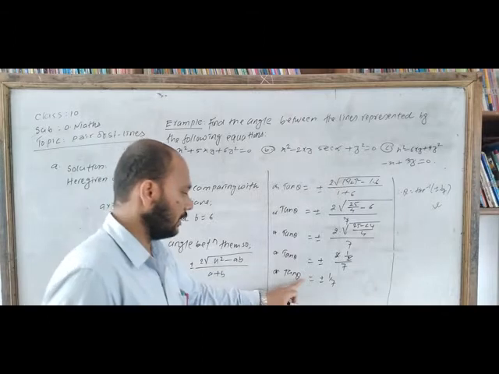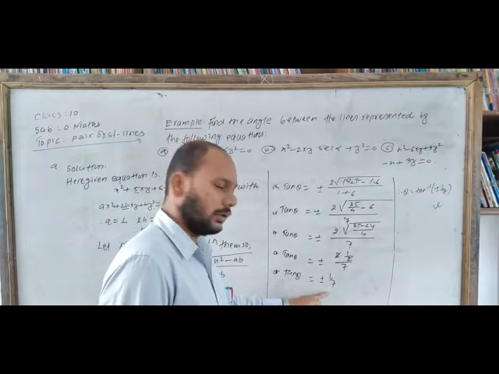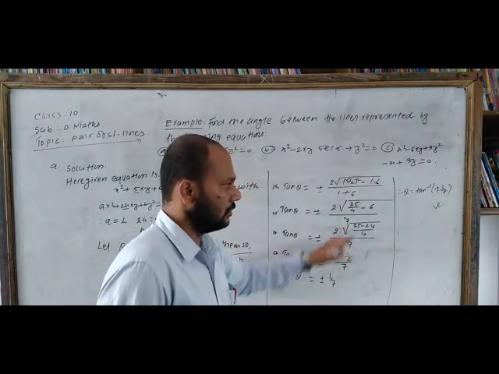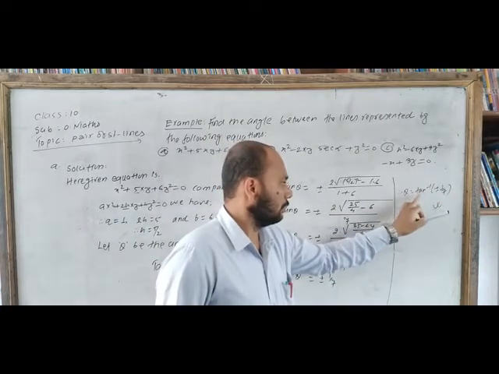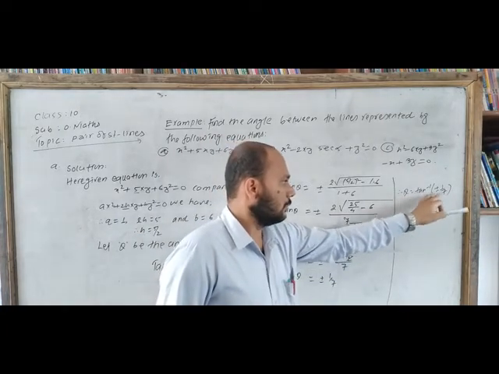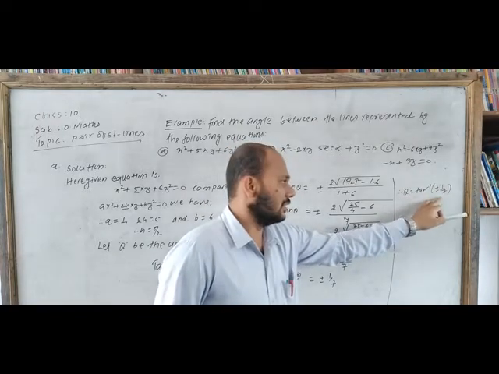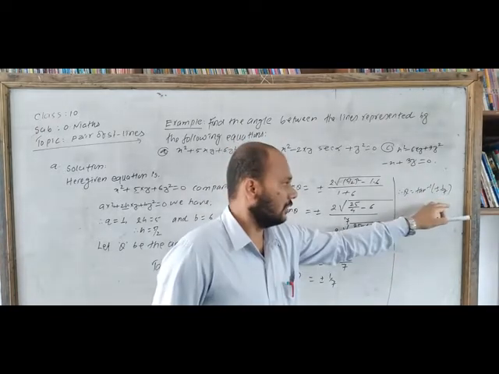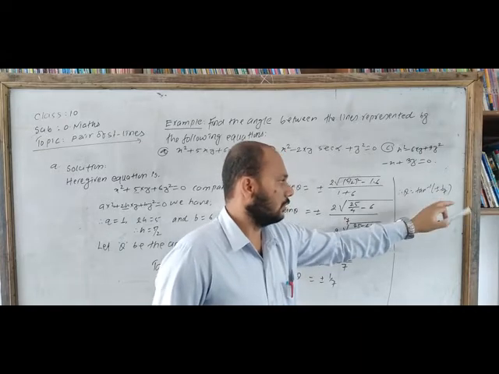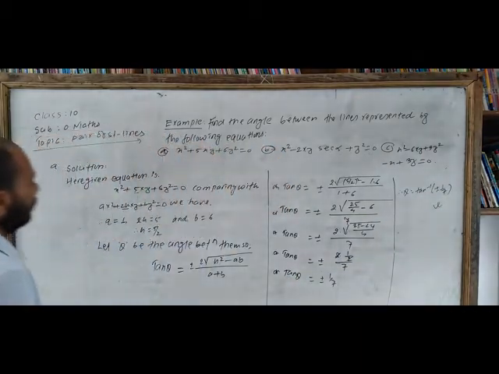At last we have tan theta is equal to plus minus 1 by 7. We have no scientific calculator, so this is your work. Take first positive, then theta is equal to tan inverse 1 by 7. Use the calculator, or solve this by taking both.